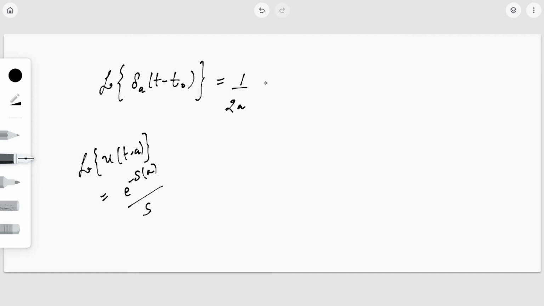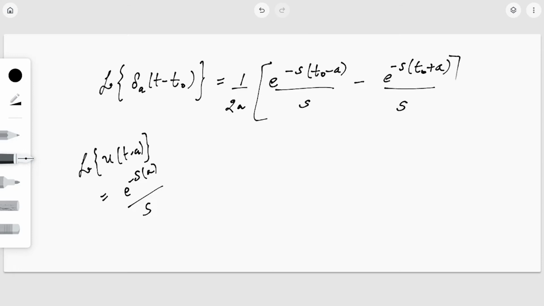So here, for u of t minus t dot minus a, it will be e raised to minus s into t dot minus a, divided by s, minus e raised to minus s into t dot plus a, divided by s. This is the Laplace transform.